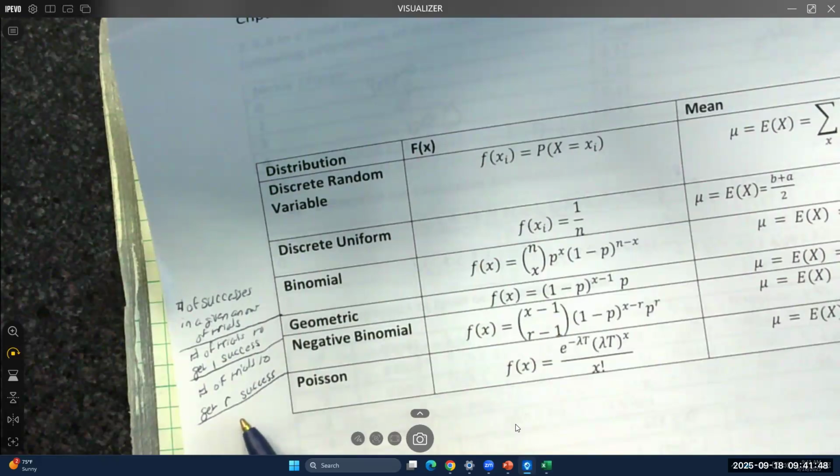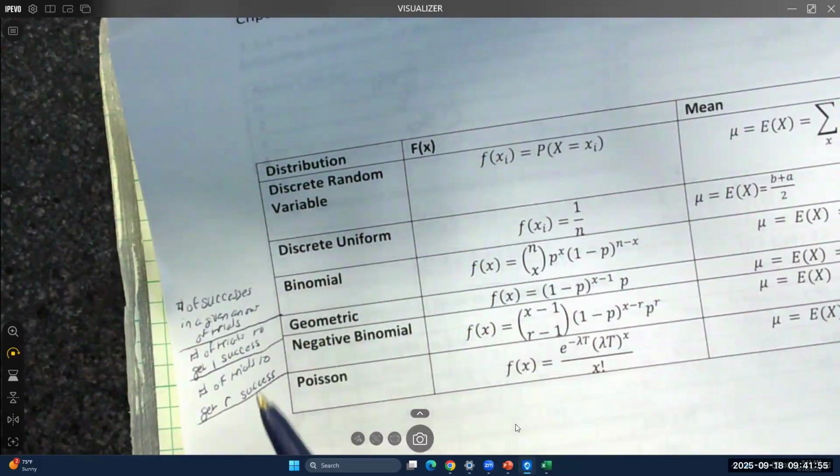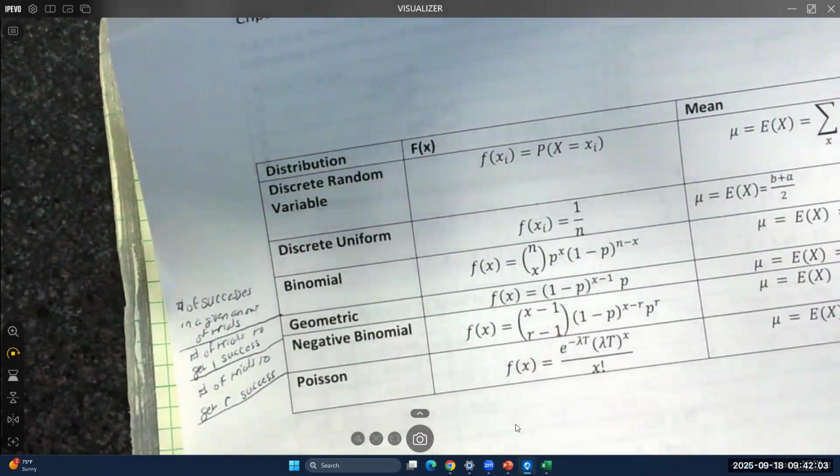All of these cases are derivations of that Bernoulli expansion that gives us our binomial, right? So we have a probability of success and a probability of failure, only 2 states. All of these cases, you're only going to be given a probability of success or a probability of failure. If you're given a probability of success, you need to do 1 minus p.